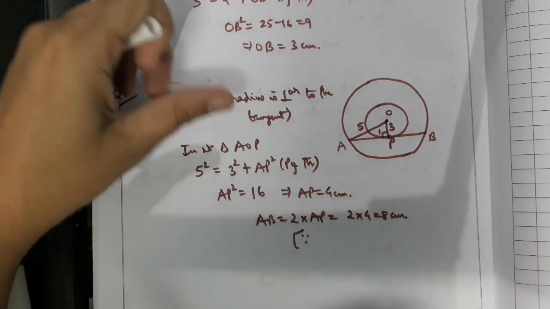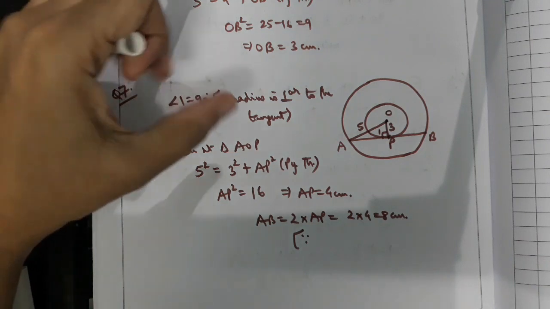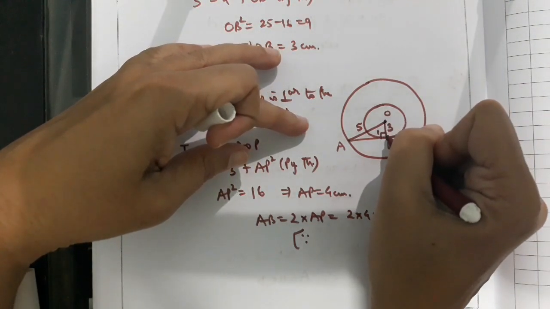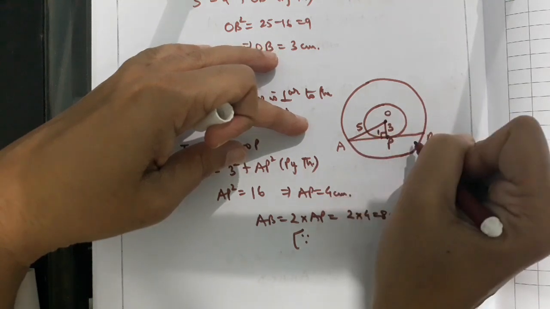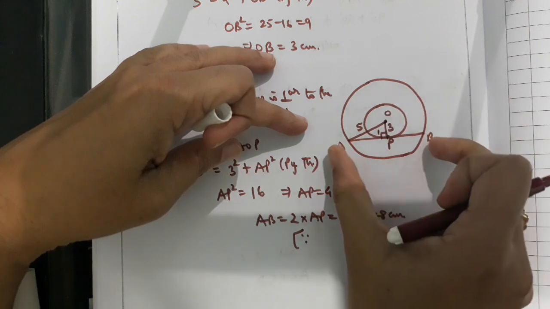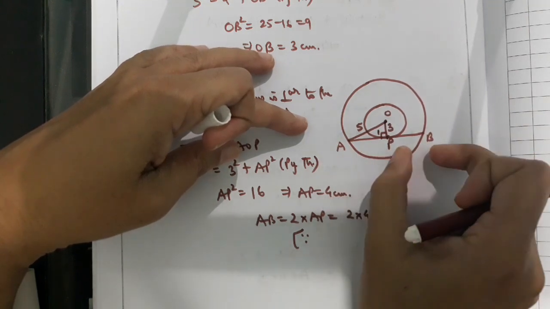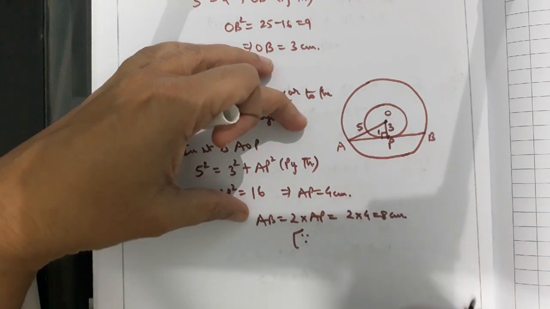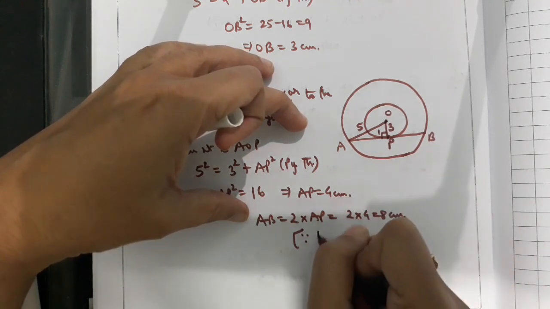Why? Because in class 9th we have studied this property in chapter circles that the perpendicular from the center of a circle to the chord bisects the chord. So this perpendicular OP is bisecting AB. So AP equal to PB. So that is why AB can be written as twice of AP. So we write down the reason.